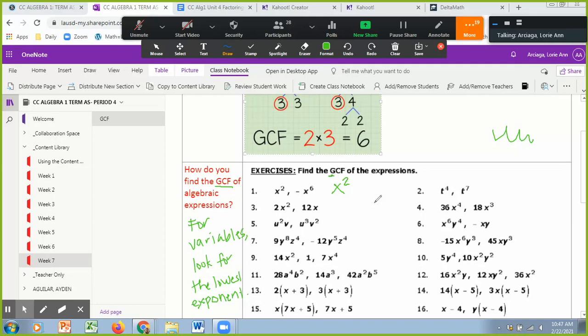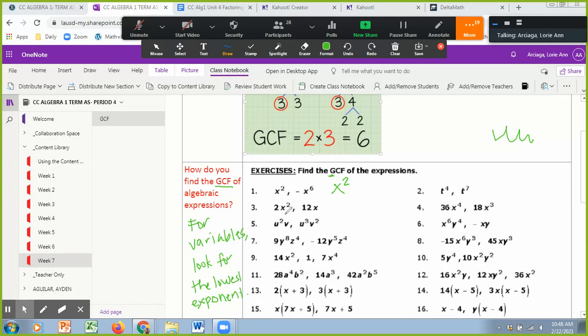So you find the lower one, just like what we did with the numbers. You start from the lower number and count backwards. So same thing here. Whatever they have in common is definitely the lower one, because x6 has enough to give away 2, right? This x2 cannot give away x to the third or x to the fourth because it doesn't have enough of it. You can't share what you don't have. So the lowest that they both can share is 2.